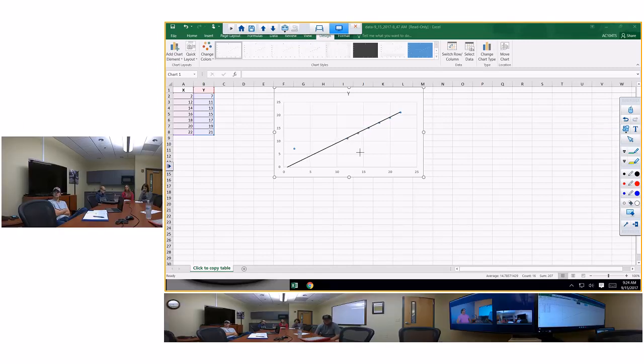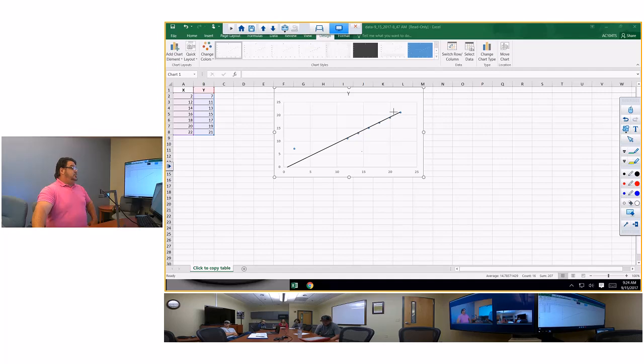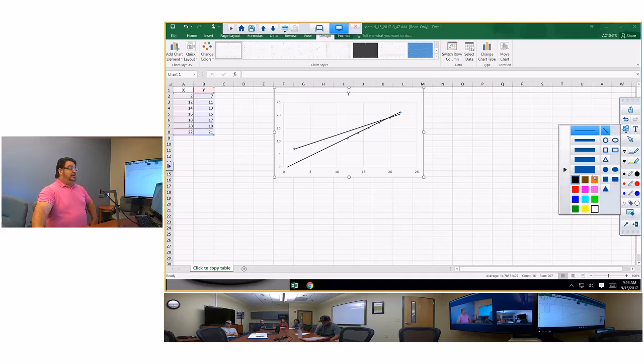That's not correct. You can't do that, and you can't do this. The least squares line would be somewhere in here.